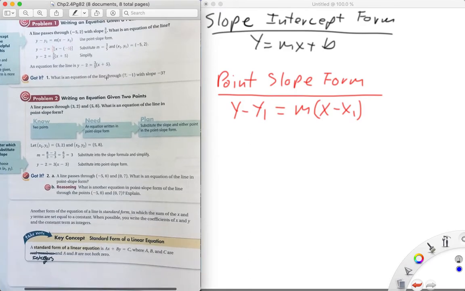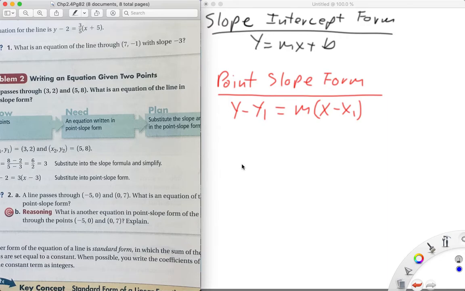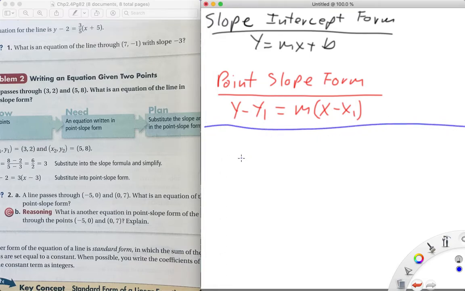When they ask you here in the example to write an equation through the point 7, -1 with a slope of -3, our point is 7, -1 and our slope is -3. I'm just going to substitute that in for the various parts. This would be x1. This would be y1.